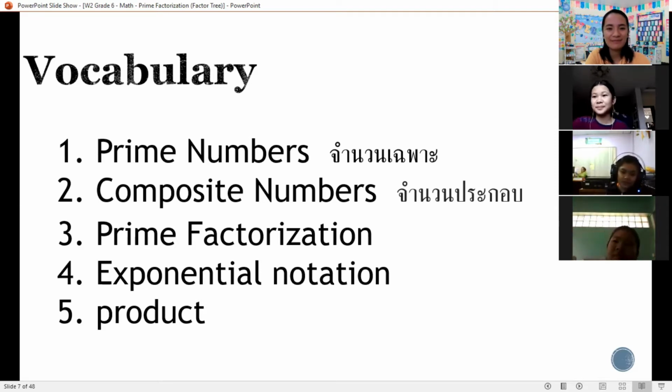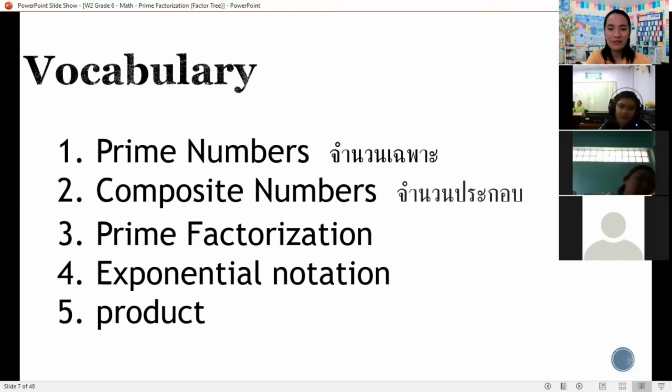Prime number, composite number, prime factorization, exponential notation, product. Okay, Ping Pong, let's repeat number 2. Composite numbers? Composite number. Very good. Next, number 4, exponential notation. Very good. So that's for our vocabulary.